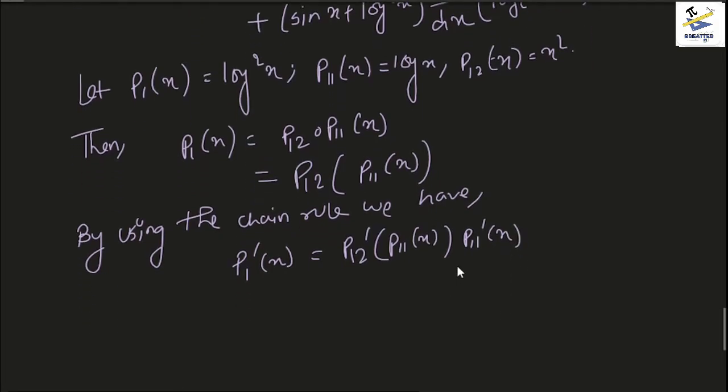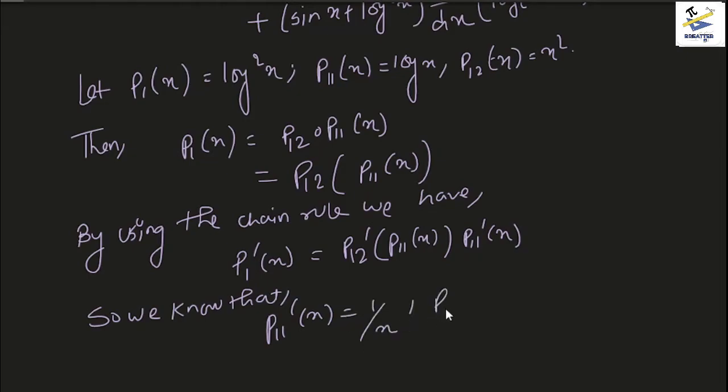So what is p12 prime x? Since these are basic derivatives, we can list them out collectively, that p11 prime x is just 1 by x and p12 prime x is just 2x, right?